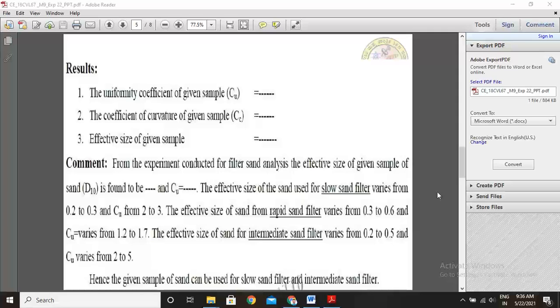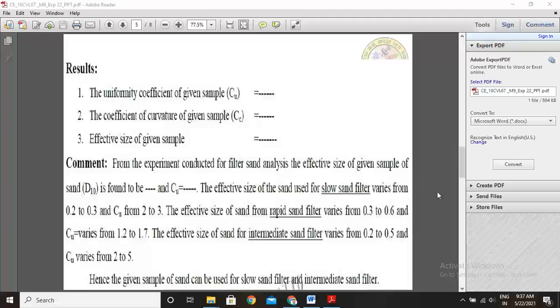The effective size of sand used for slow sand filter varies from 0.2 to 0.3 and Cu from 2 to 3. The effective size of sand for rapid sand filters varies from 0.3 to 0.6 and Cu from 1.2 to 1.7. The effective size of sand for intermediate sand filter varies from 0.2 to 0.5 and Cu from 2 to 5.